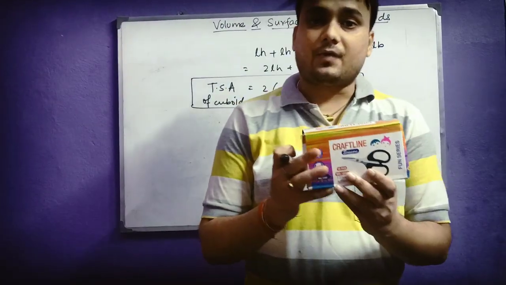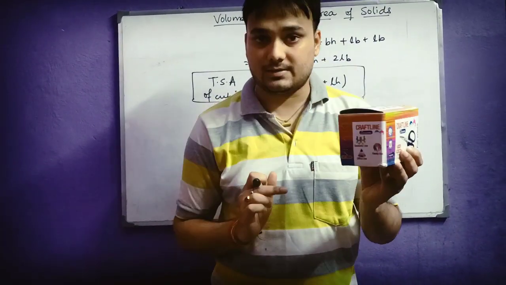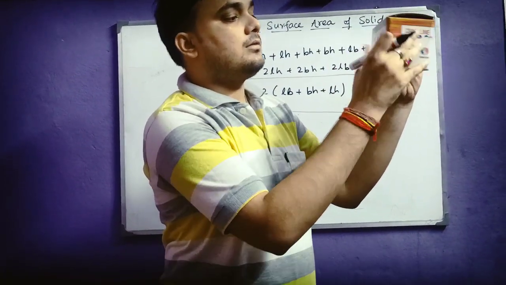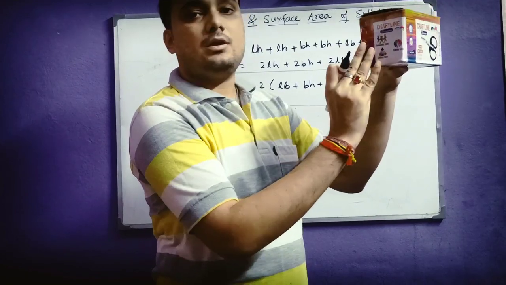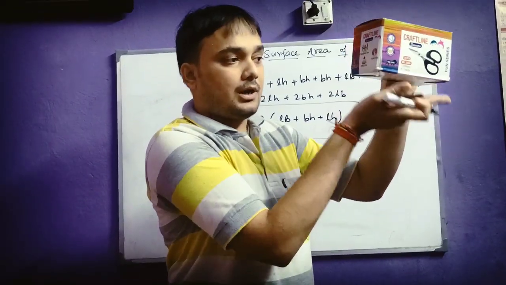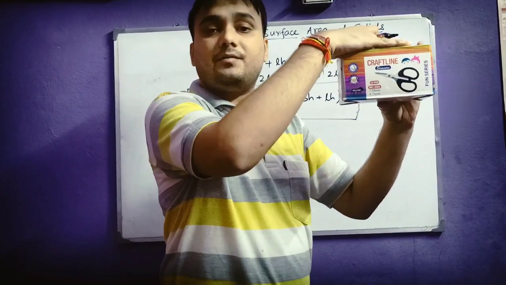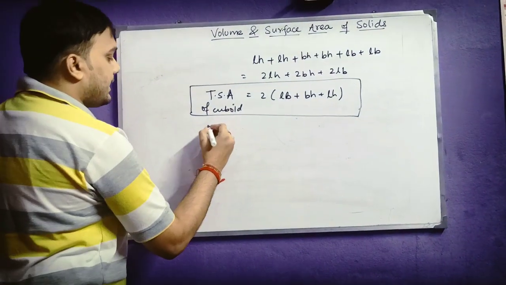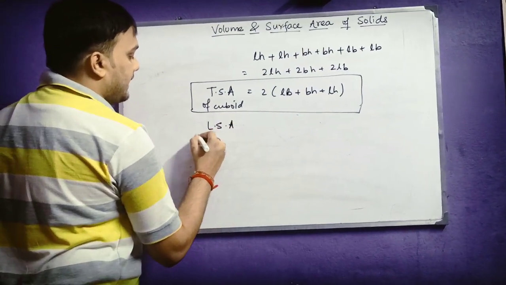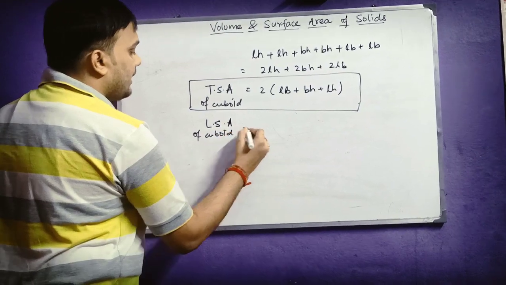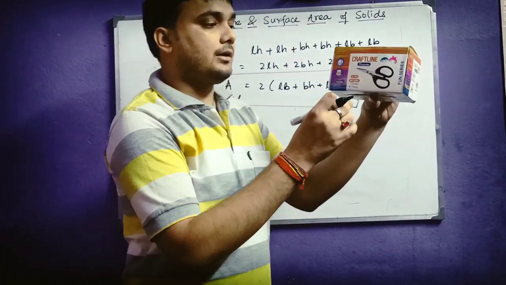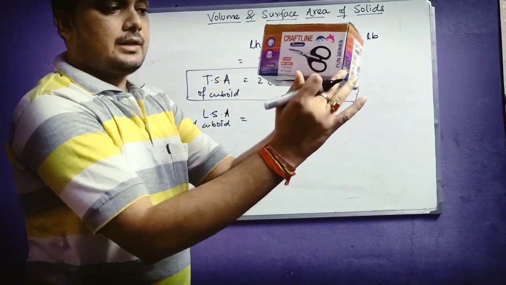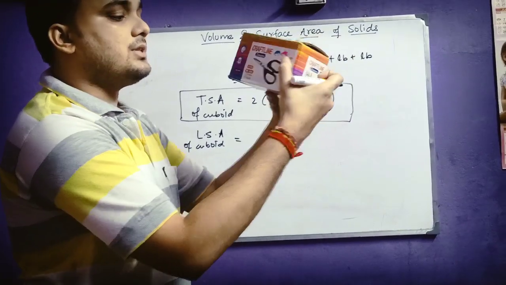But if I am finding only the area of 4 walls, 4 walls means this is the wall, this is the wall, this is the wall and this is the wall. The ground floor will be excluded and the ceiling will be excluded. So we will get the area of the 4 walls. So area of the 4 walls is said as lateral surface area of cuboid. You can see the lateral surface area includes this area which is length into height, so this will also be length into height.